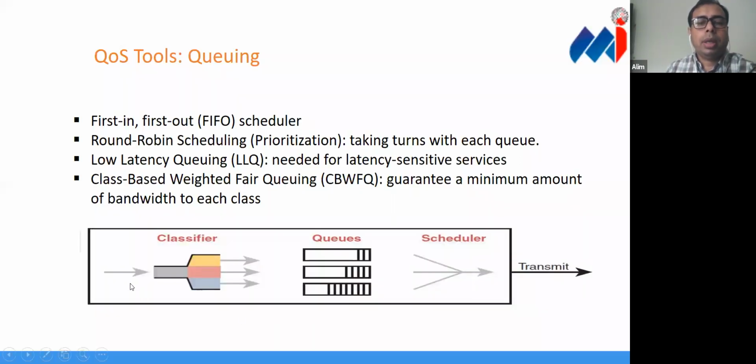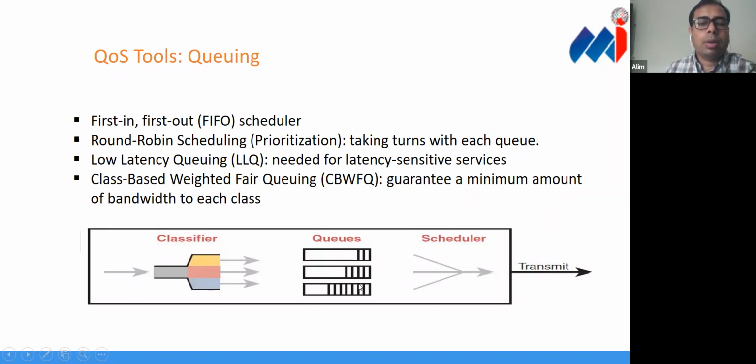In this way, when packets come, it's a conceptual diagram. When packets come, the classifier will classify all the packets. It is a voice packet, go to the voice queue. Your data packet, go to the data queue.